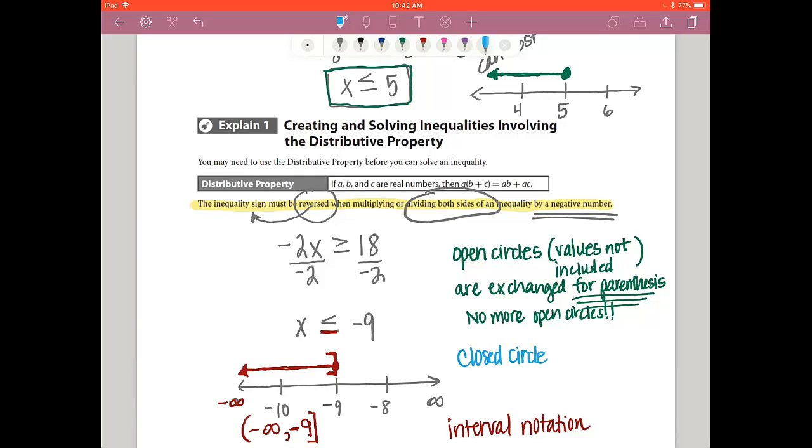Closed circles, showing that values are included, are exchanged for brackets.